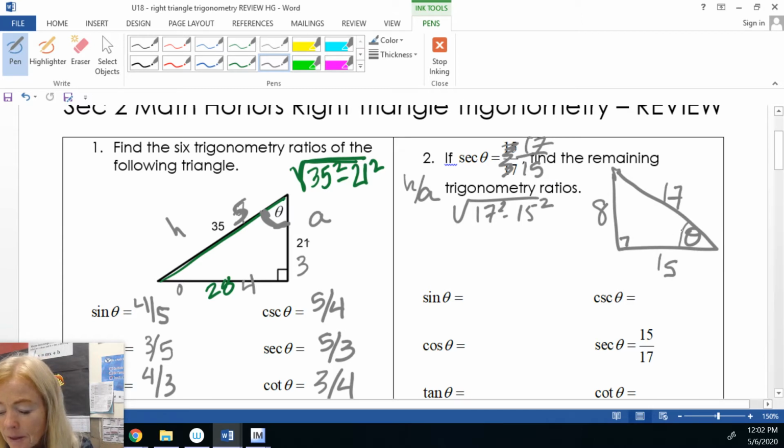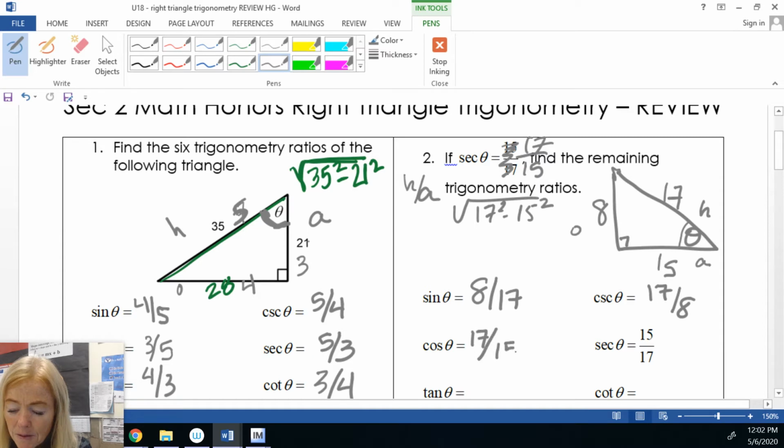So for our sine, again, hypotenuse, adjacent, and opposite. Our sine is opposite over hypotenuse, 8 over 17, and then its reciprocal will be cosecant, 17 over 8. Cosine, we already have the secant, so we can flip it.